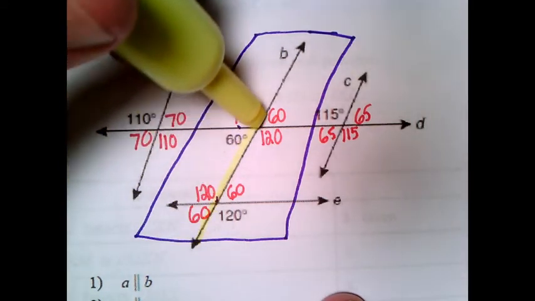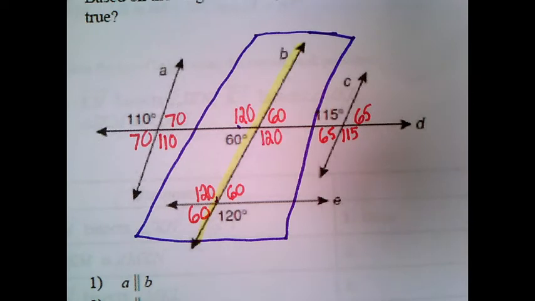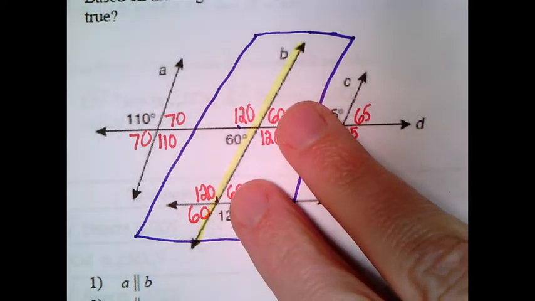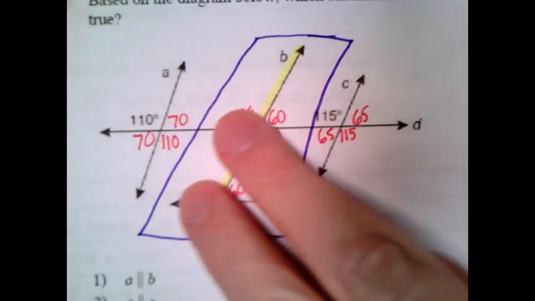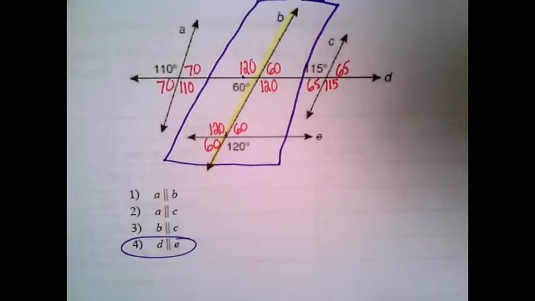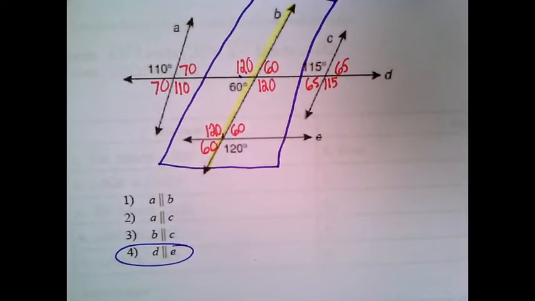So that's my transversal. So the lines that are parallel are D and E. They share that transversal, but these are the two lines coming out. So D and E, which is letter or option 4. There you go. All right, we are ready for number 10.